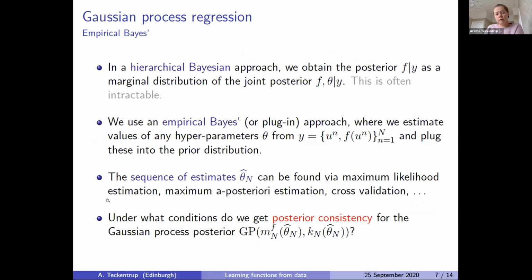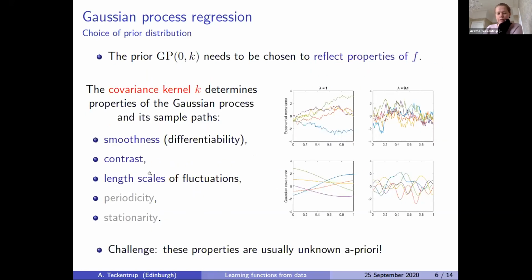So there are different approaches that you can take to deal with this. In a fully hierarchical Bayesian approach, you would have to integrate out the unknown parameters. Here my theta are the hyperparameters that appear in the prior. So the theta would be parameters that govern things like the smoothness, the contrast, and the length scale.